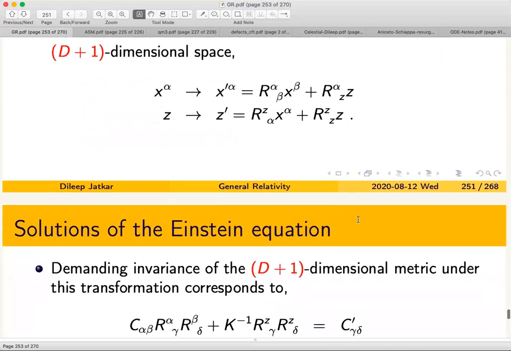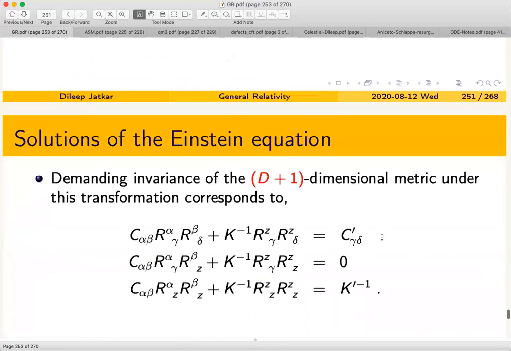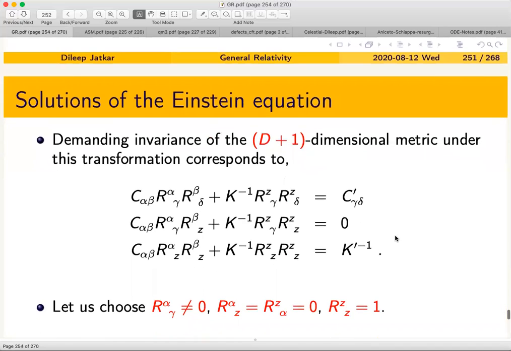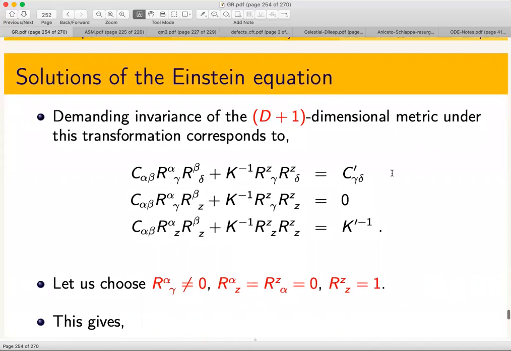If you take these equations and demand that this set of transformations leave the metric invariant, then it tells you that alpha beta component should give you C again. Alpha z component should be 0 because the original metric didn't have that alpha z component, and zz component should give you another quantity k, which let's call k prime. Okay. We want to ask a question: what are the solutions to these equations?